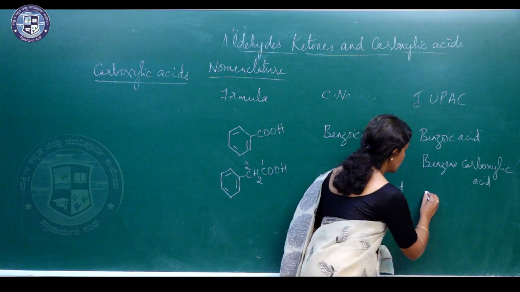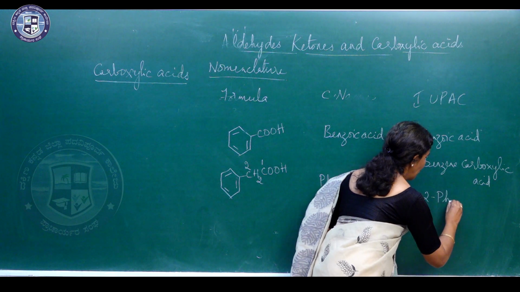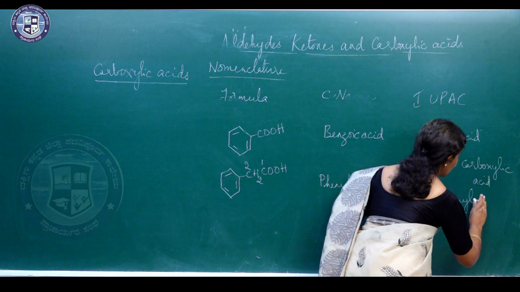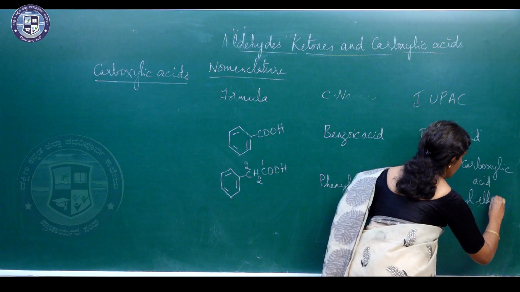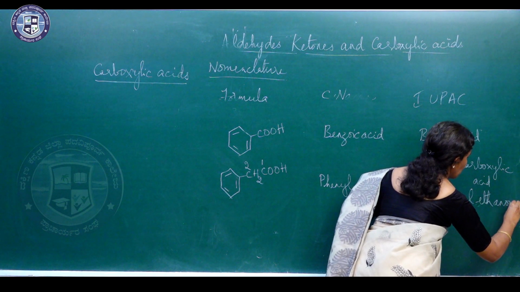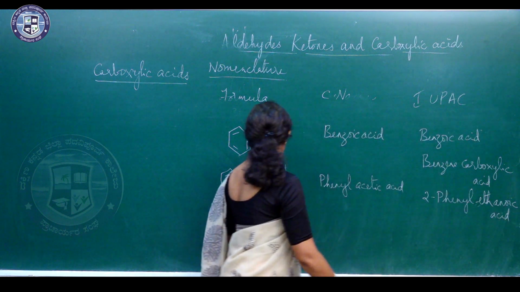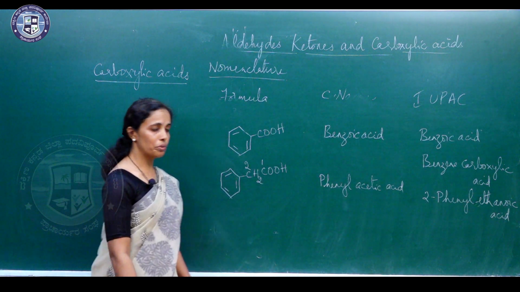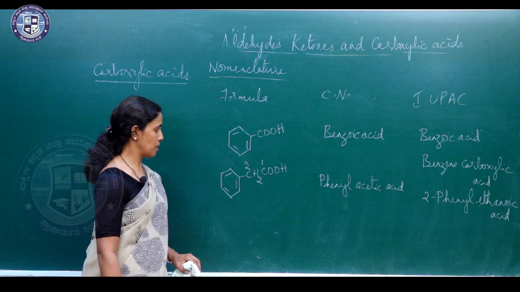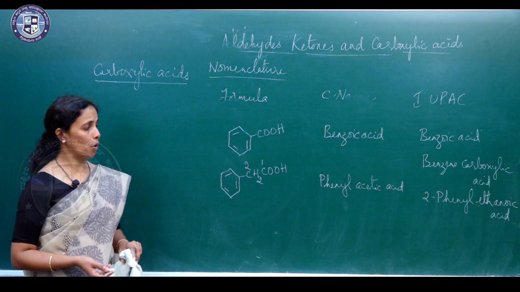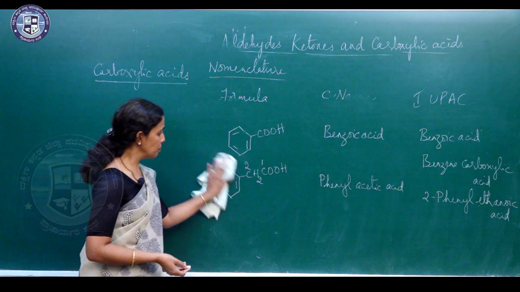So, the IUPAC name will be 2-phenyl ethanoic acid. Because there are 2 carbon atoms, it should be 2-phenyl ethanoic acid. So, this is about the IUPAC naming of carboxylic acids.